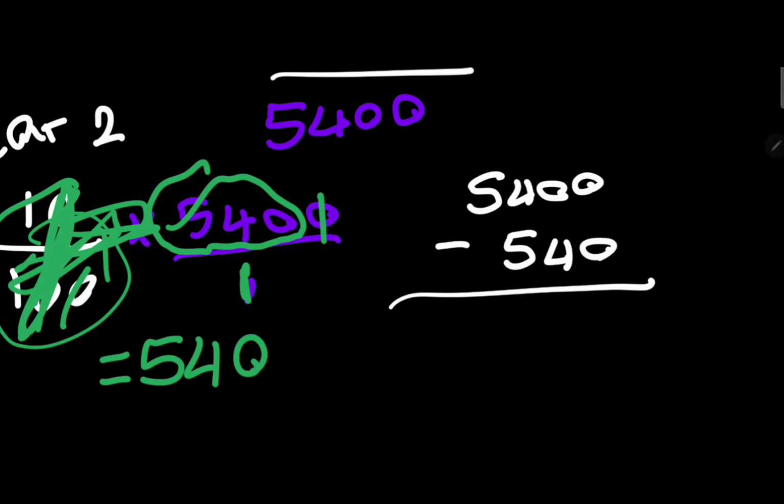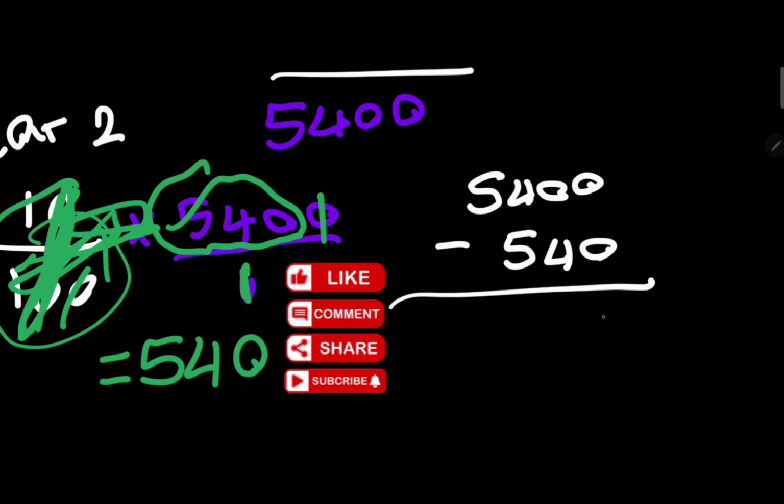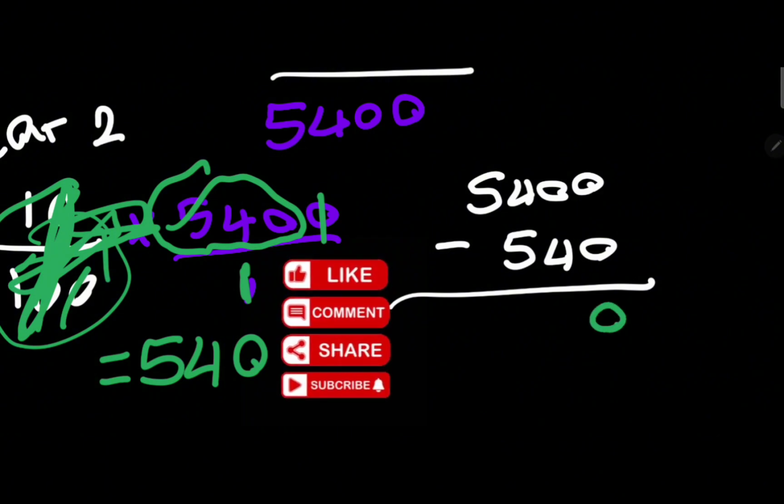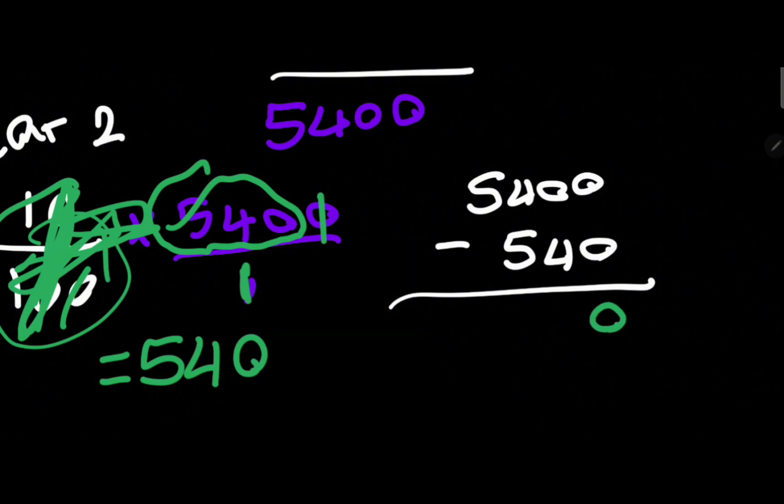$5,400 minus 540 will be, well, 0 minus 0 is 0. From here we need to borrow from the 5, so that's going to turn into 4. Now we have 14, we need to borrow from the 14, so that's going to turn into 13, and now we have 10.